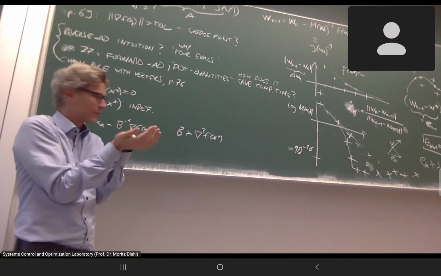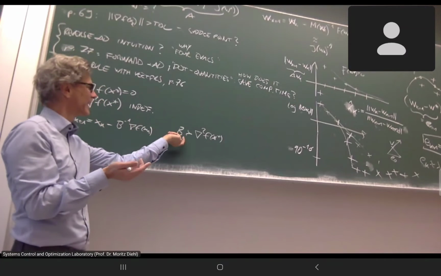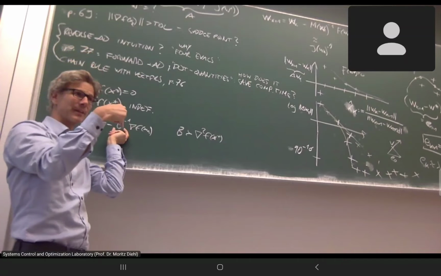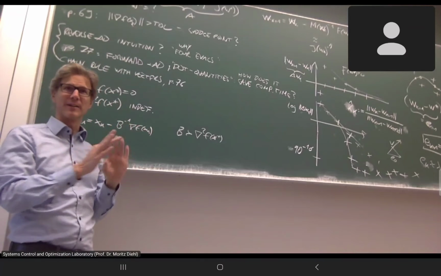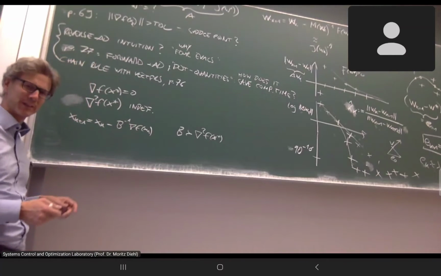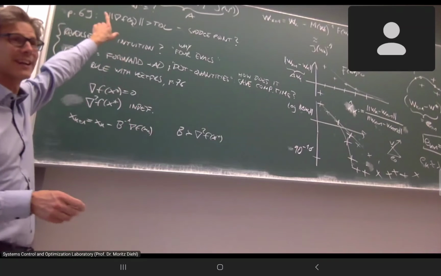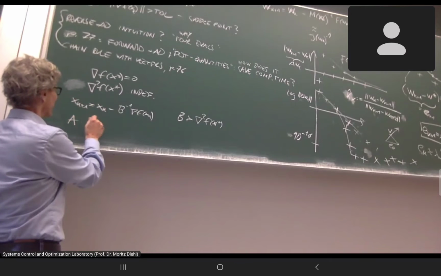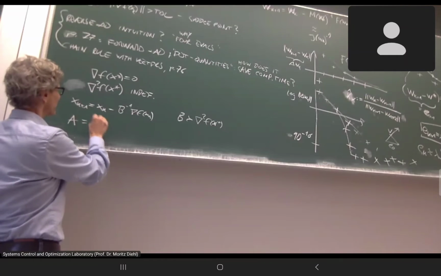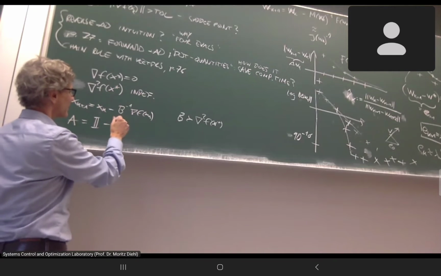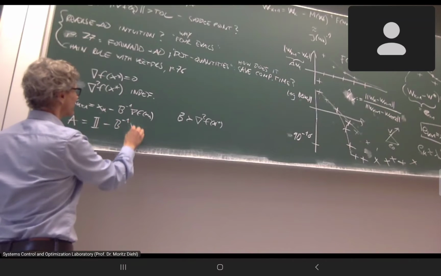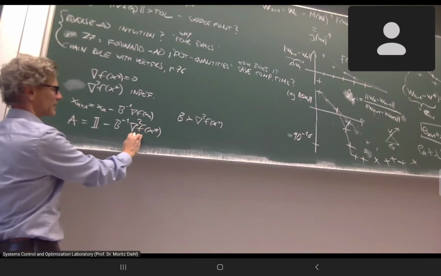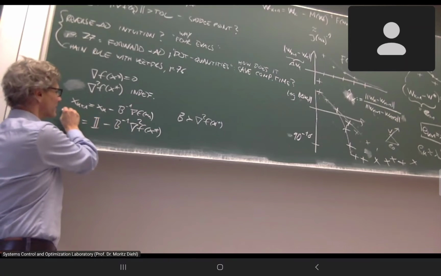That basically assumes a very large Hessian, which means the inverse is very small, corresponding to very small steps. Of course, a globalized method would be a bit different, but that's too difficult to analyze now. I want to look at this matrix A, which is the unit matrix minus B inverse times the Hessian. That would be our iteration matrix.